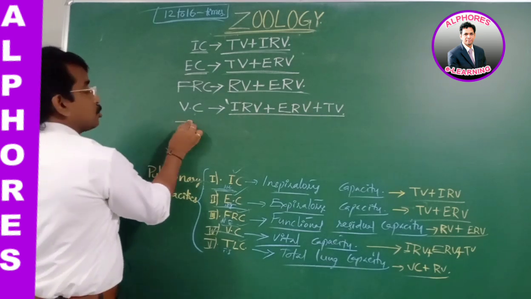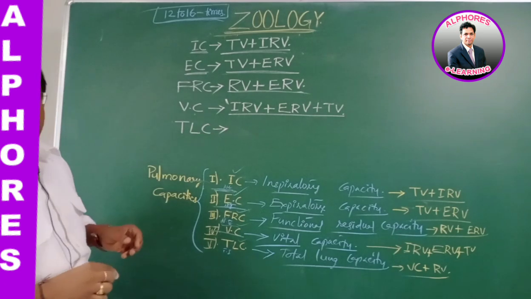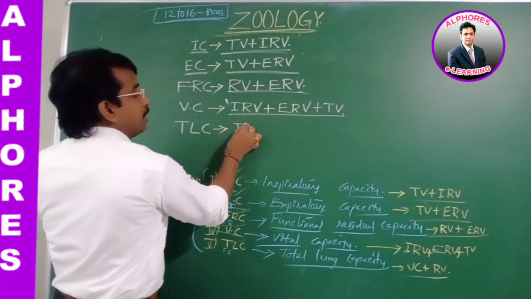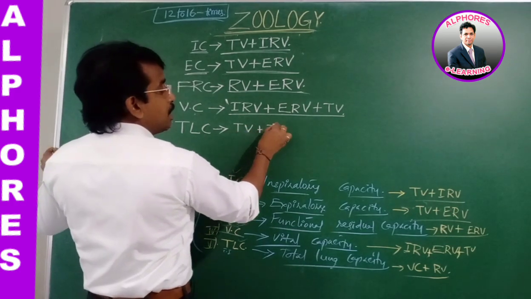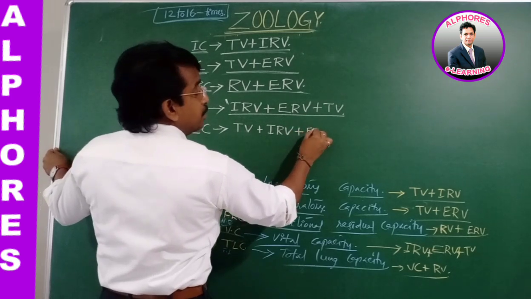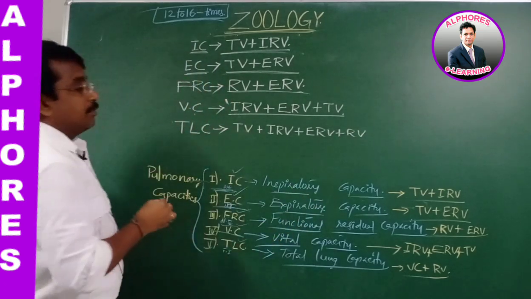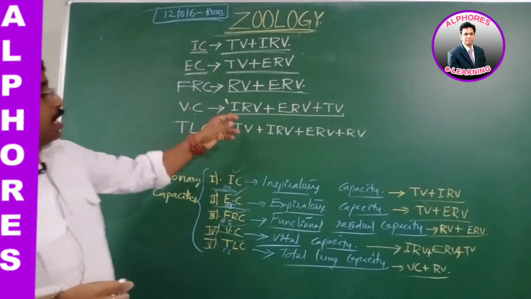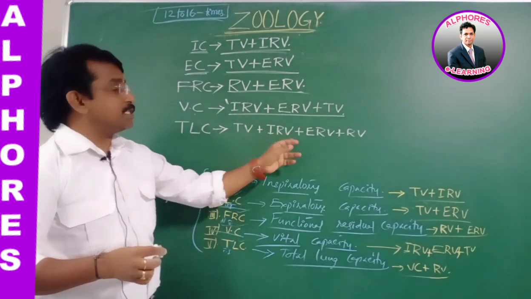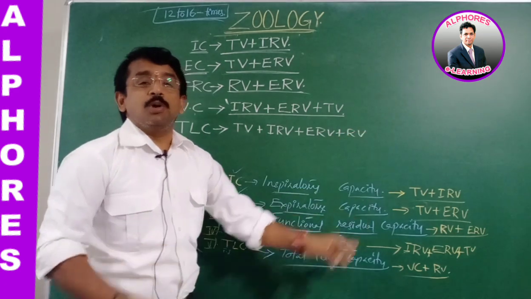Next, the total lung capacity, TLC. Total lung capacity is equal to TV plus IRV plus ERV plus RV: tidal volume plus inspiratory reserve volume plus expiratory reserve volume plus residual volume.